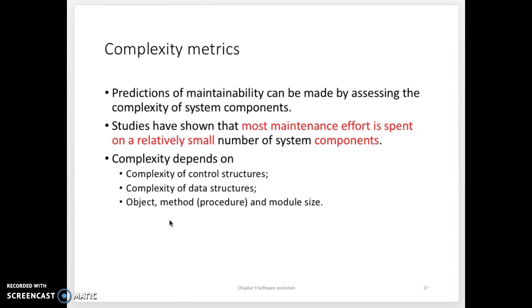The most granular is objects and methods: how complex, how many functionalities inside those objects, and the method or procedure size is relevant, or it has to be a medium size, not very small, not very big.